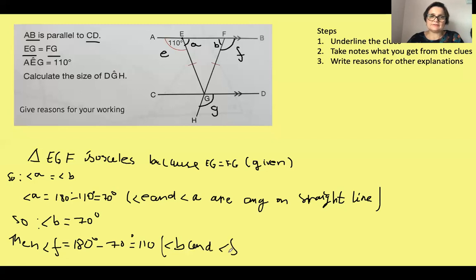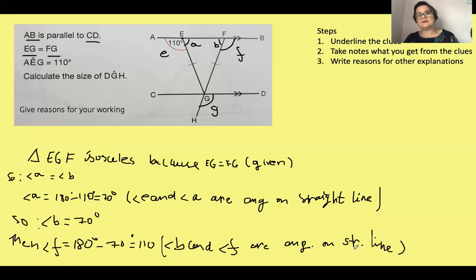Once you write it in full the first time, then the next one you can write the short version of the words, an abbreviation. It's absolutely fine.